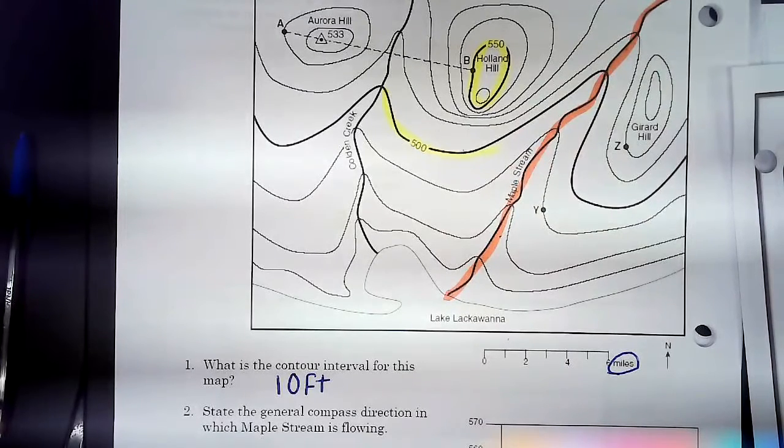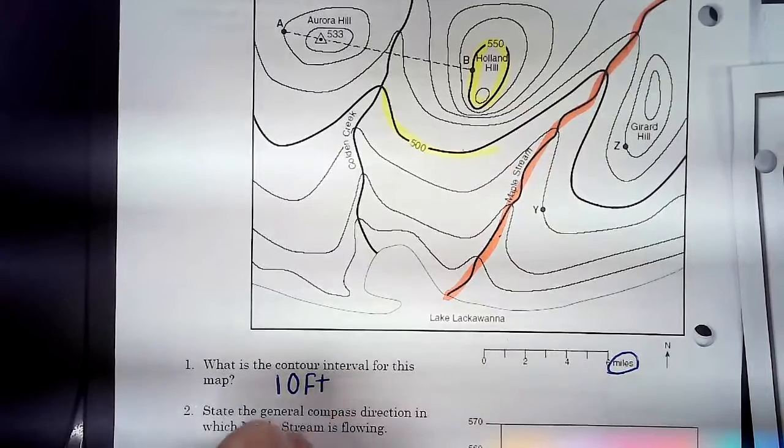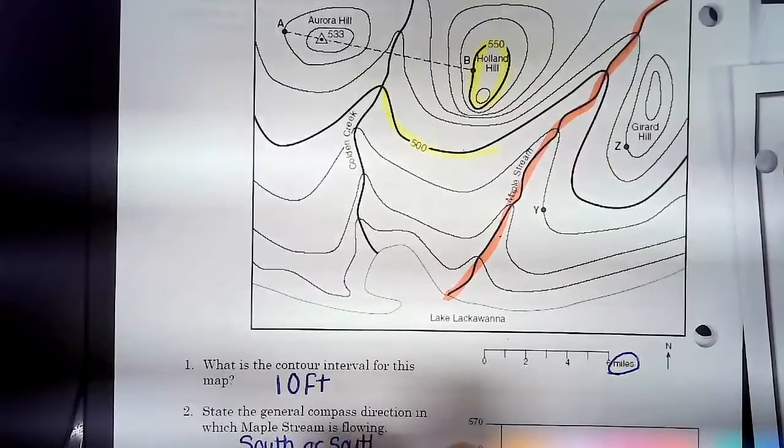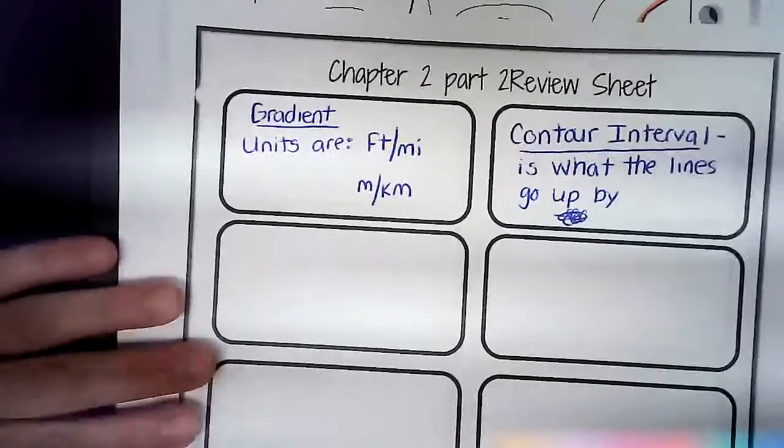First of all, does anybody know the answer? South, or did anybody like adjust it a little bit? Yes, south, and you could abbreviate it just S, or southwest would have been good answers. Again, S or SW. But my question is for the review sheet.